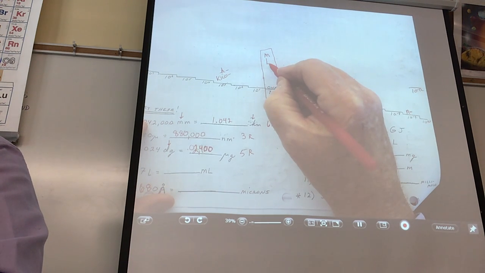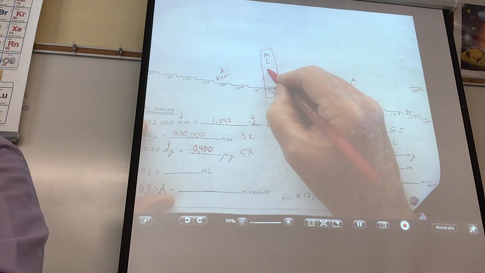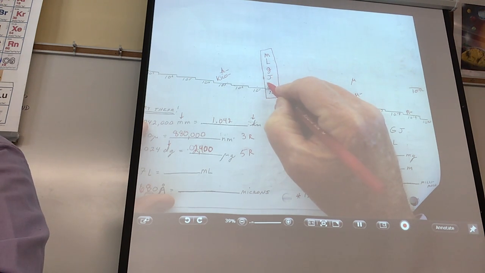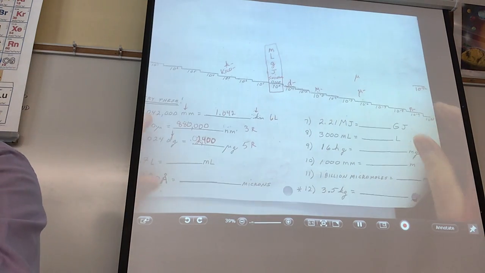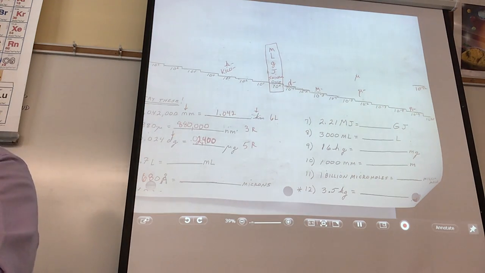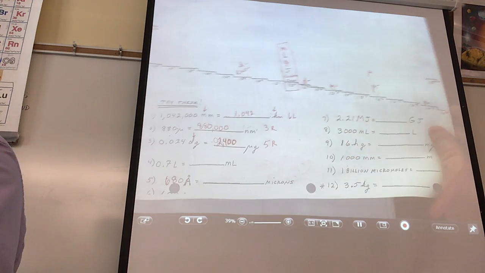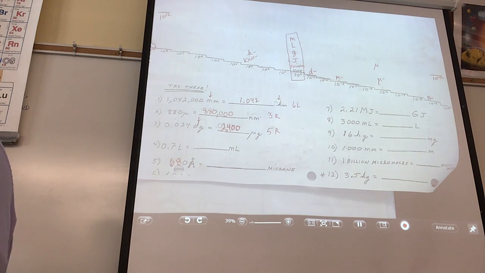L, liter. G, gram. J, joules. Snickers. I like Snickers. Now, if you're an object that does not have a prefix, you're at 10 to the 0. Great question. So you're going from no prefix to, I got that?